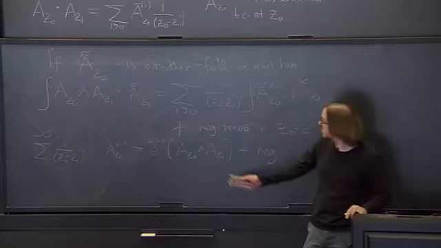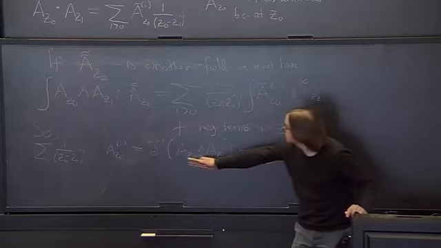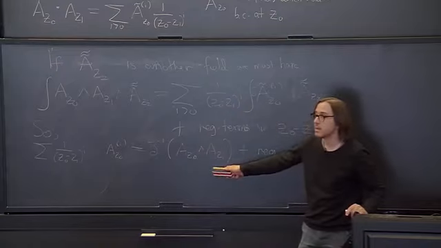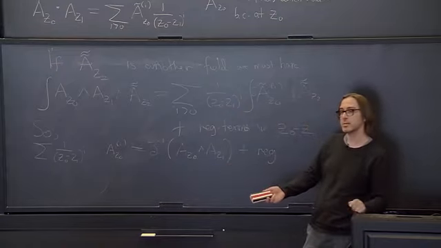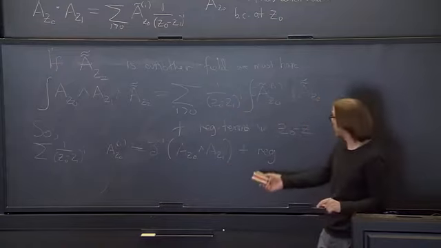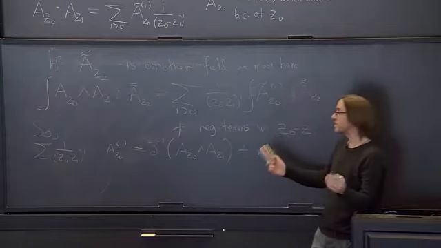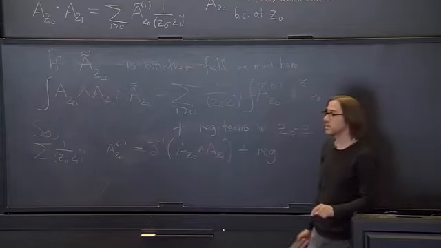So what we need to do is take the wedge of these guys, apply d bar inverse, and then just take the expansion in terms of z0 and z1.